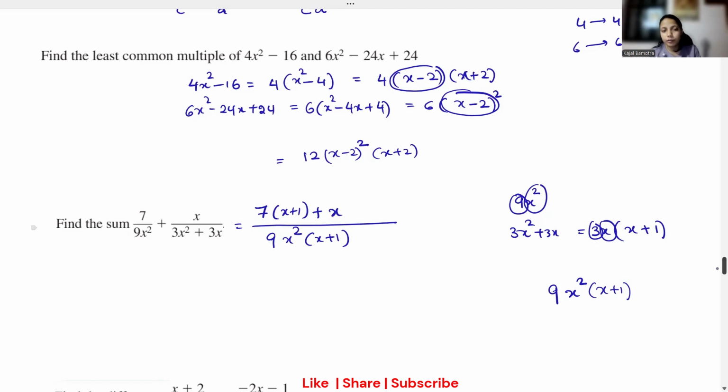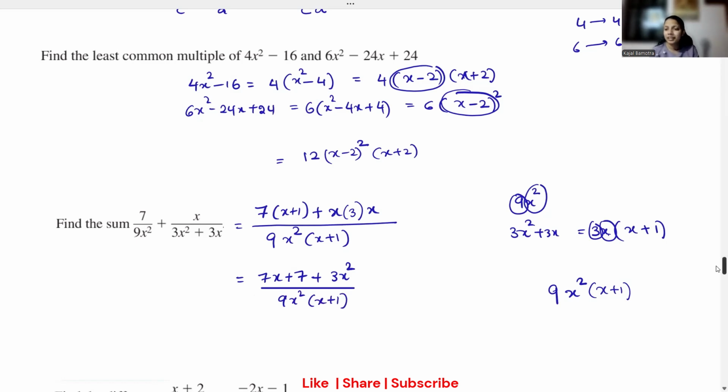In the denominator of the second term, it is 3 times x and x plus 1, but I want 9 times x square times x plus 1. So I want 9, and 3 was there, so 3 will multiply. x is there, and I want x square, so one more x is required. Open it. You will get 7x plus 7 plus 3x square over 9x square times x plus 1.